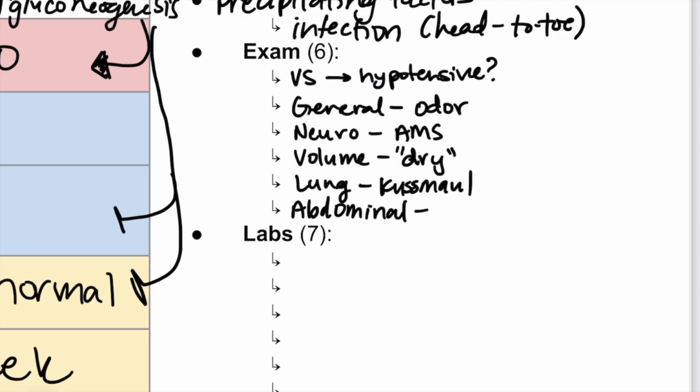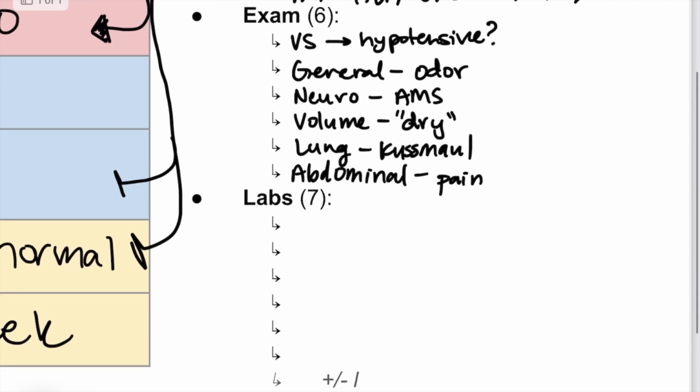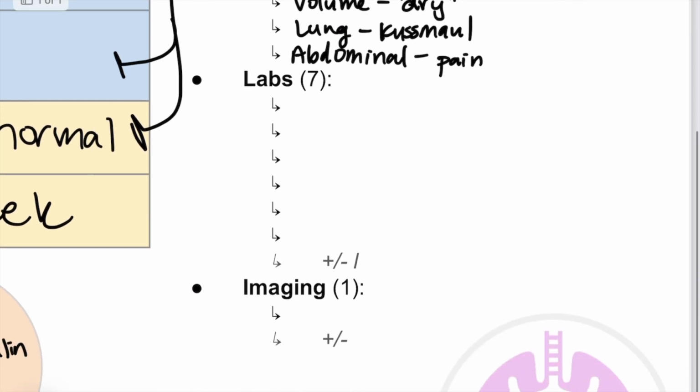The mechanism isn't quite clear, but the suspicion is that acidosis and some of the other electrolyte abnormalities can cause ileus and result in intestinal spasms that result in abdominal pain. While in HHS, we don't have this acidosis, and in recent studies, abdominal pain is very unlikely to occur in patients with HHS.